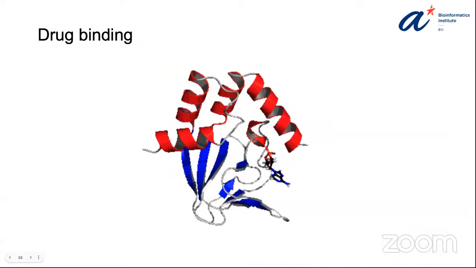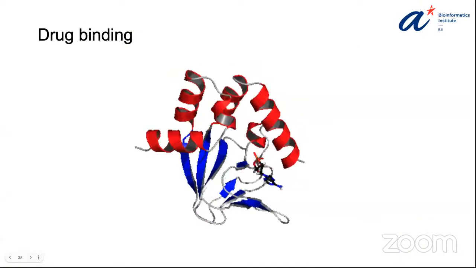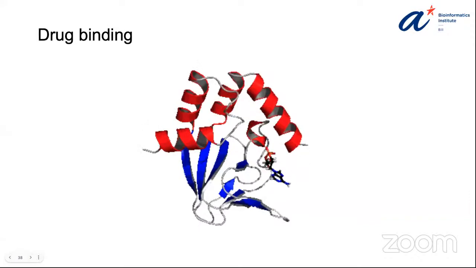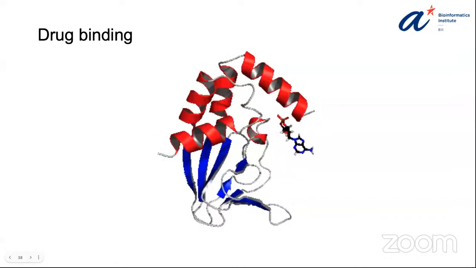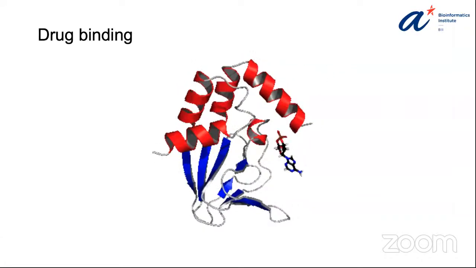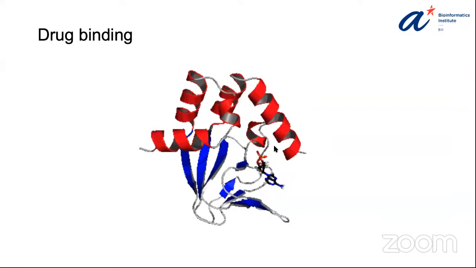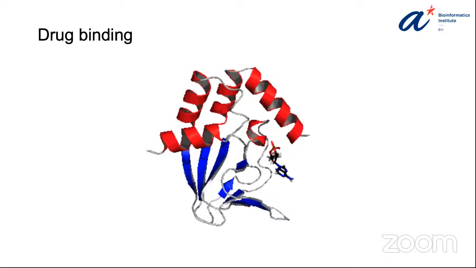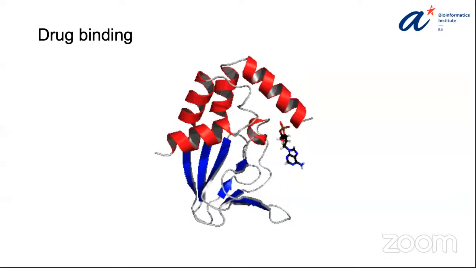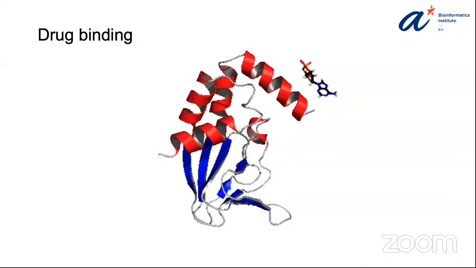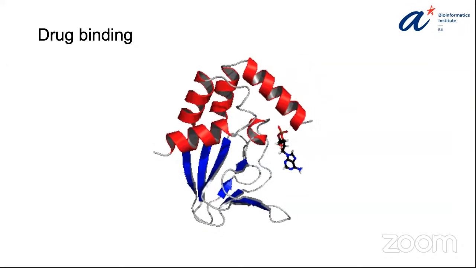Another way in which molecular dynamics can help is by studying how drugs bind to particular proteins. Okay, so you can take a particular protein, expose it to a certain drug, and then see how that drug is binding to that protein. Now, these are all models, right? Since we have never seen a protein structure, we only solve it indirectly using X-ray crystallography.